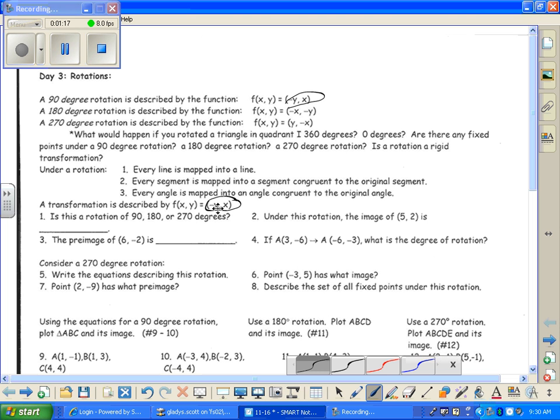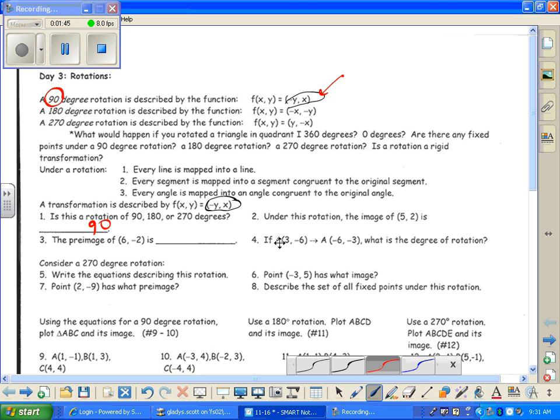So the y changed position and the sign. And the x did not change the sign, but became in the position of the y, which matches this one here. So the answer is 90-degree rotation. So the answer is 90.